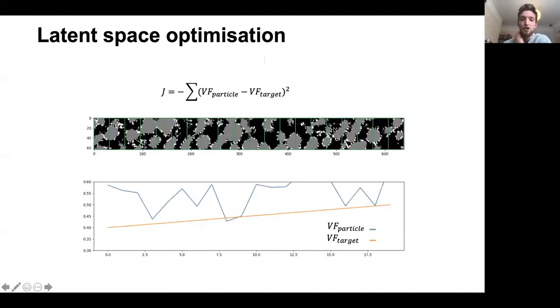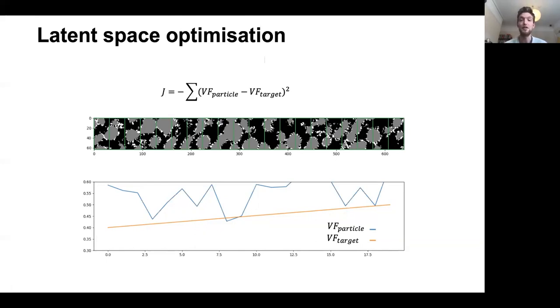So the example I'm going to show you is if we have some target for our volume fraction of active materials. Gray is active material, again, black is pore and white is binder. If we have some target for our volume fraction, we can try and make a microstructure with that exact volume fraction. Now, making a single uniform volume fraction isn't necessarily that interesting.